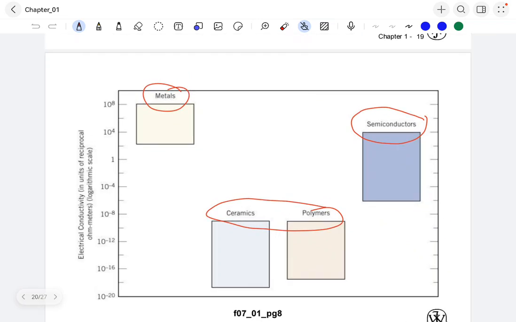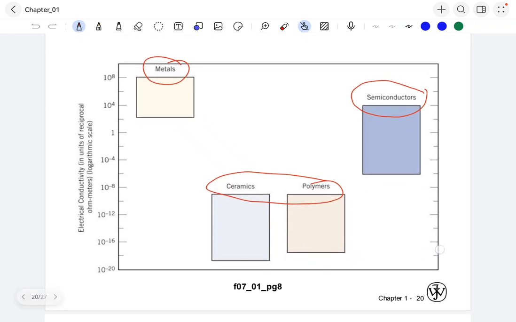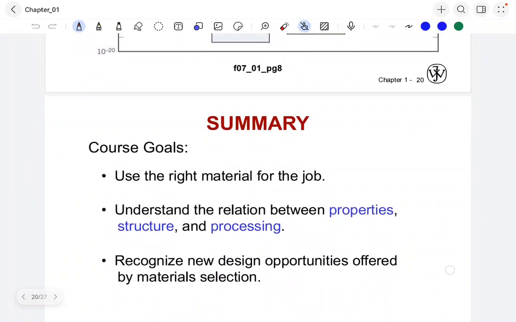Again, the metals come right on top as the winner once again for electrical conductivity. So the metal is on top, then the semiconductors, and the ceramics and polymers are equal in terms of electrical conductivity.